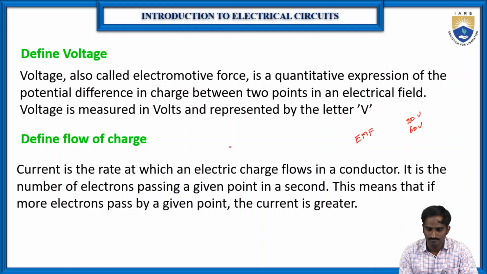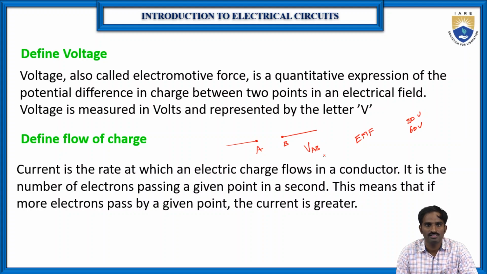Suppose there are 2 points A and B in an electric field. The potential difference between these 2 points, sometimes called VAB, is called the voltage or the potential difference.